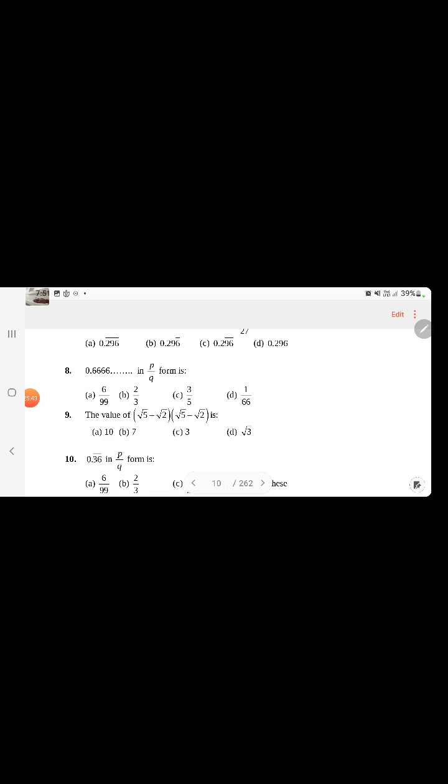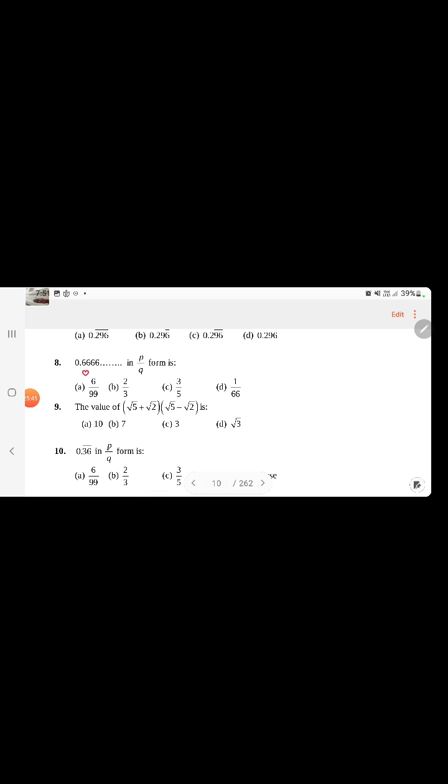Next, we solve the 8th one, 0.666 in p by q form. Okay, so in p by q form, how to write this? You check with everything, and the options are 6 by 99, 2 by 3, 3 by 5, 1 by 66. Obviously this 3 by 5 may look like the answer.